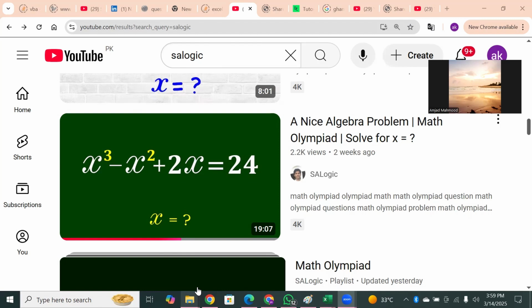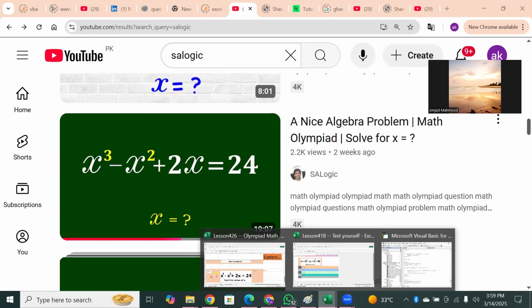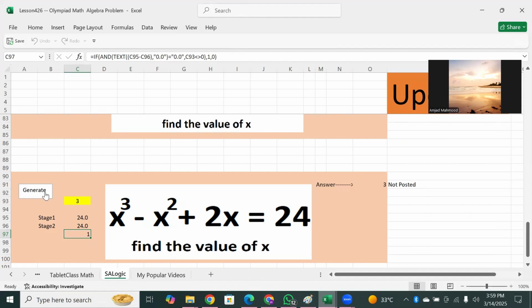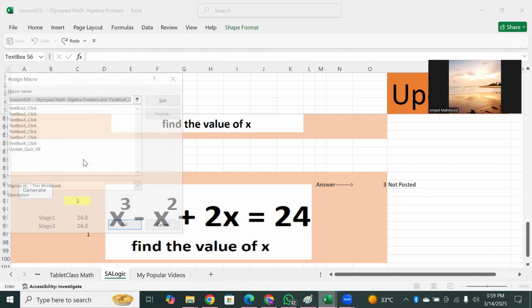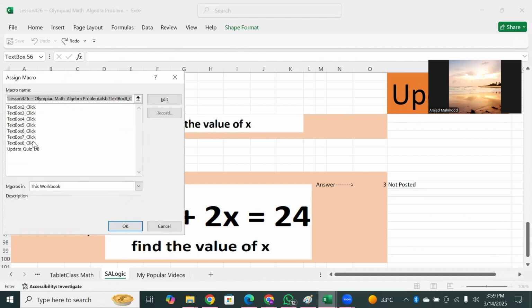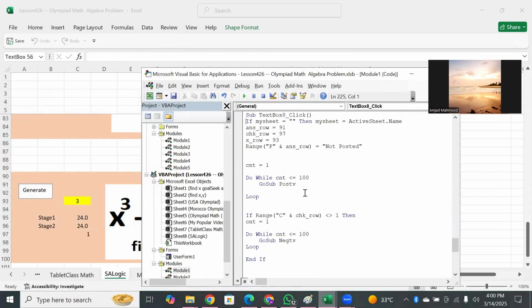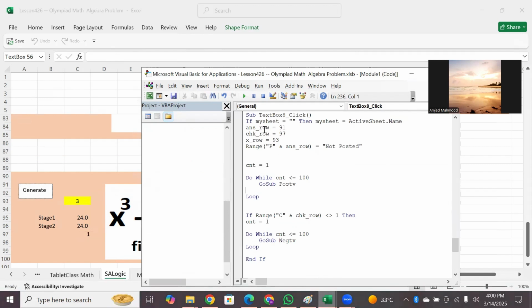Okay, so today's equation is this, and we have made a bit of enhancement in our mode. Normally we were taking the previous VBA code, copying it, and just removing the hard coding from it. This time it's more intelligent.